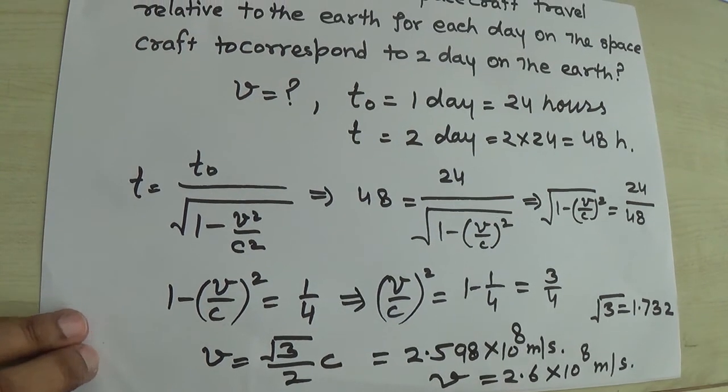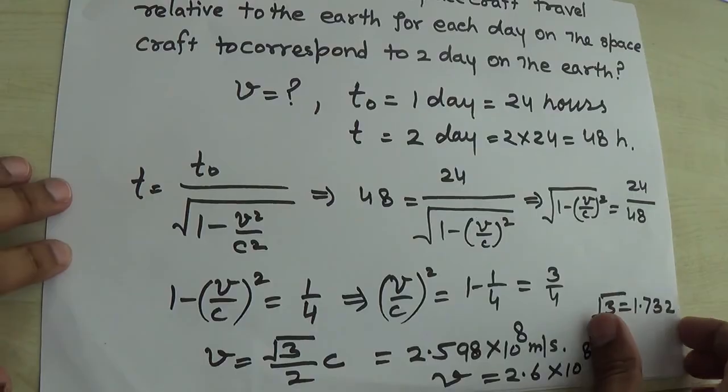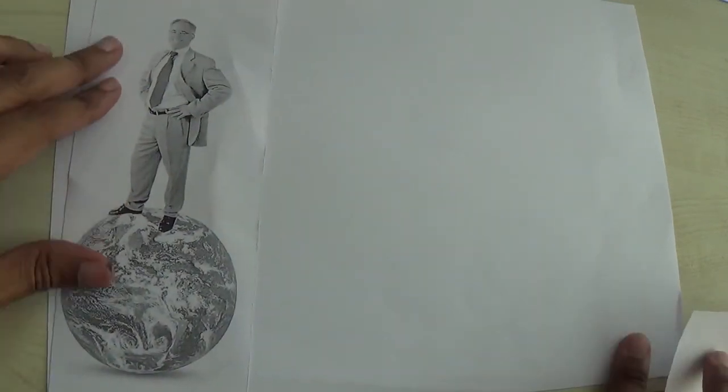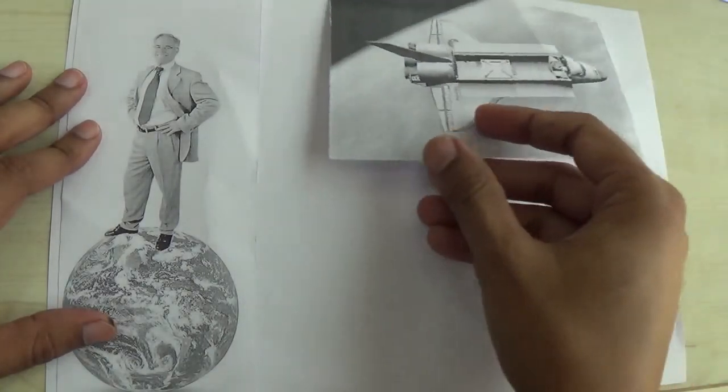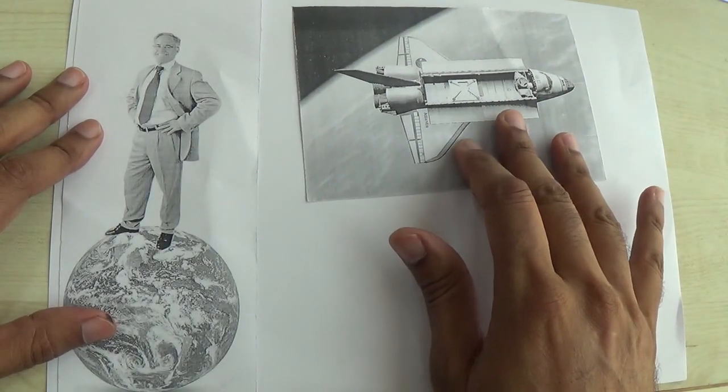So these were some basic examples related to time dilation, right? And I have discussed here some points related to the stationary frame and a moving frame. You can see that phenomenon here with the simplest example: the person is standing on the Earth and this is a spacecraft, right?